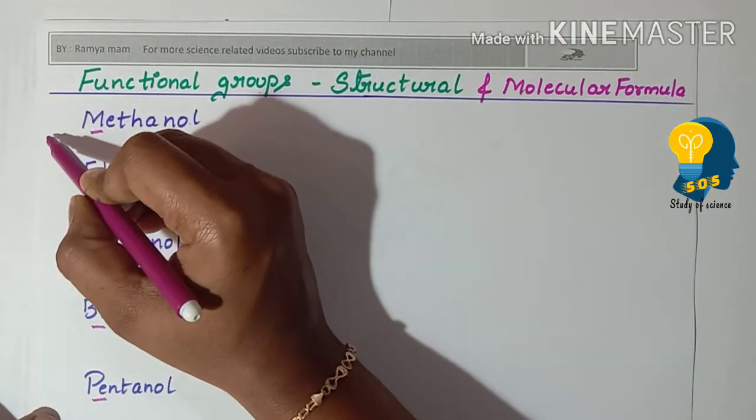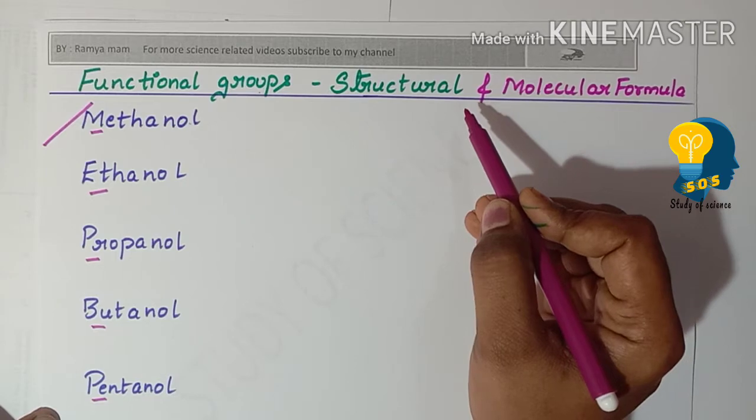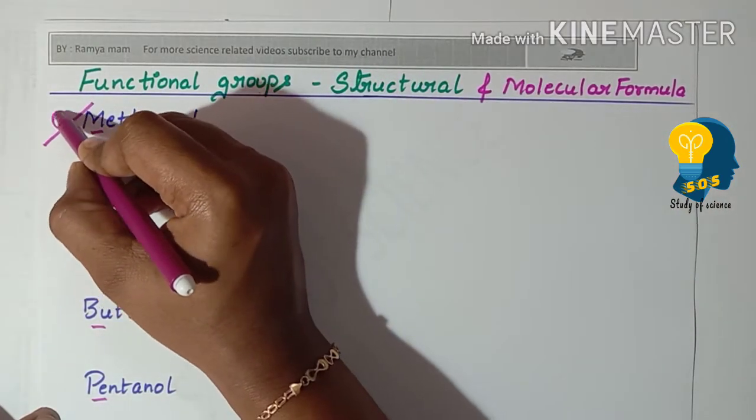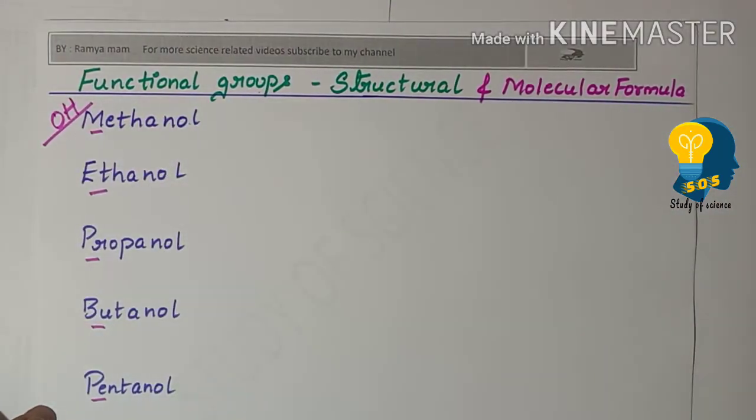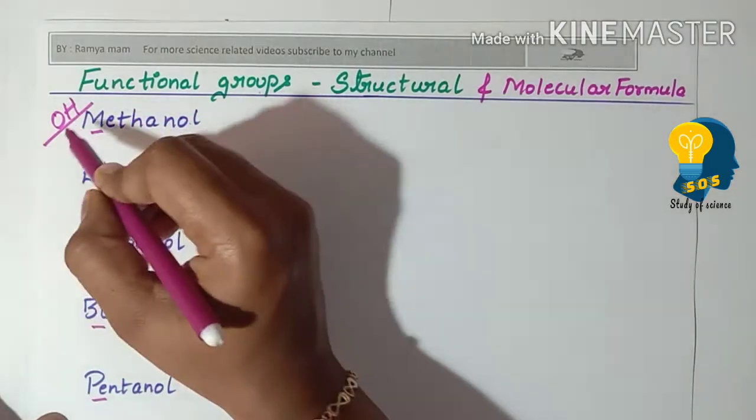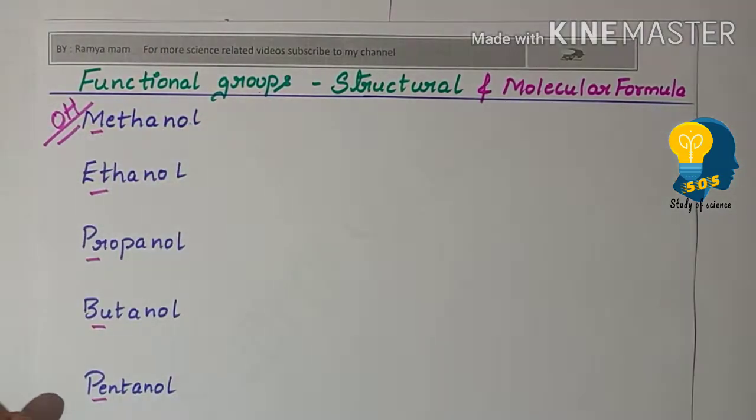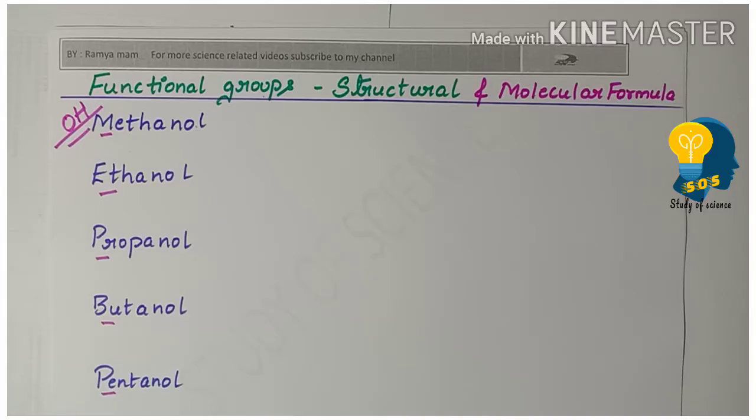Whereas our functional group here is the alcohol, so the suffix is OH. In OH, we do not have any carbon atom. Clear? As I told you in the previous session, when we are writing the naming for the alcohol group, no need to worry about the carbon atom in the longest carbon chain.